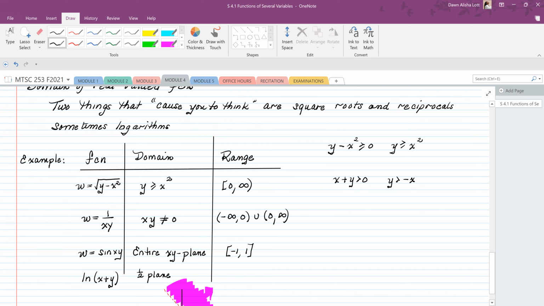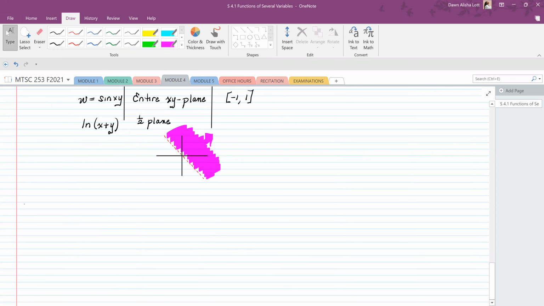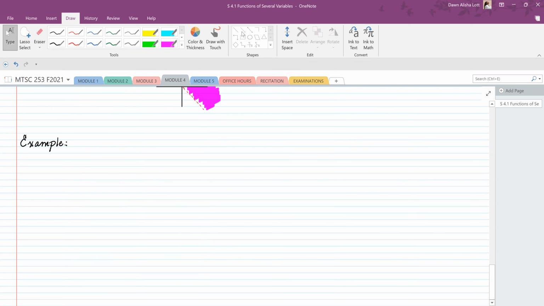So here's an example of a function of three variables. Okay, same scenario. I'm going to have a function. Then I want to have its domain.